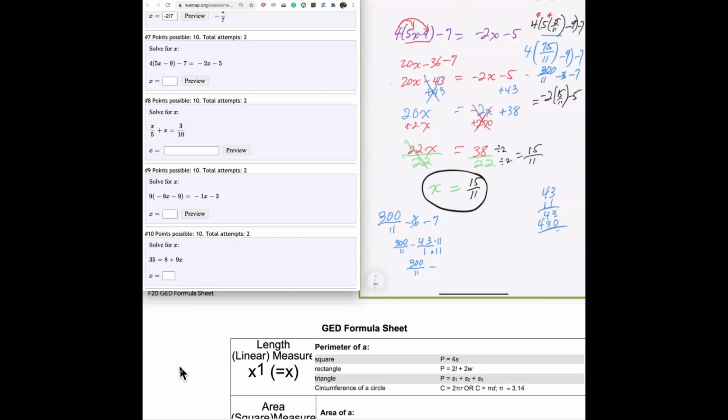It looks like we've got 473 elevenths. And those are being subtracted from 300. So that's going to give us negative 173 elevenths.